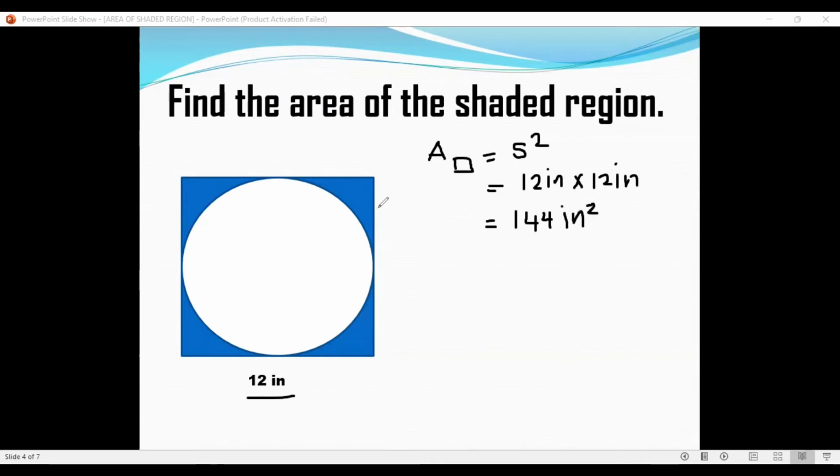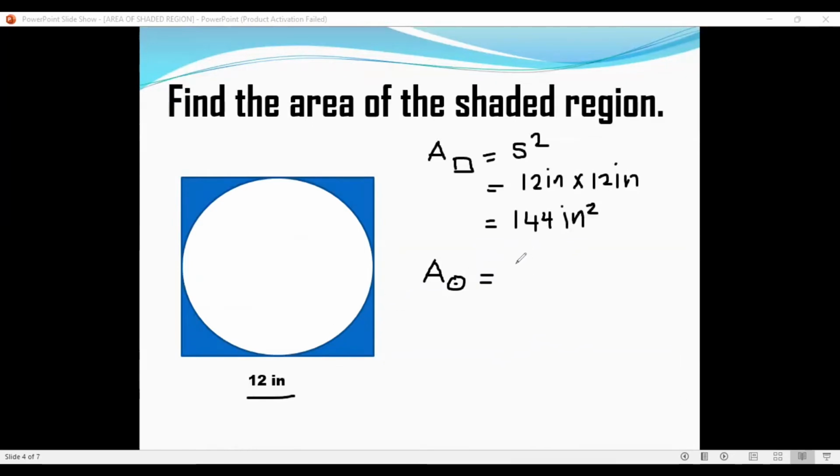So that is now the area of the whole square, pretending that all of it is shaded. So what about the area of the circle? Because we have to subtract that from the whole area, which is 144 square inches.